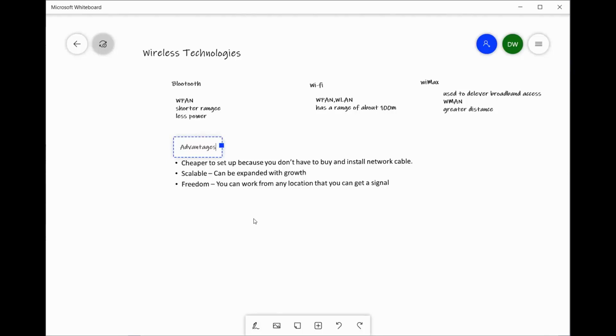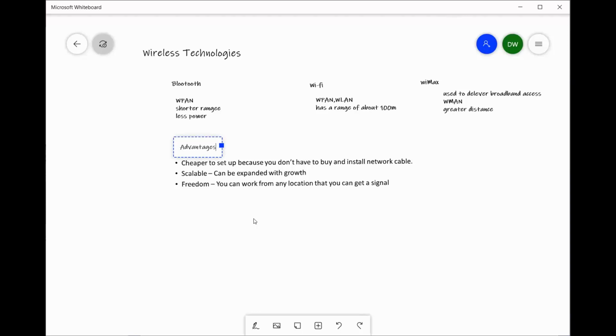So advantages are when we compare wireless networks with wired networks, wired has greater cost, and wireless networks are cheaper to set up, and configurations are much easier than configuring a wired network.